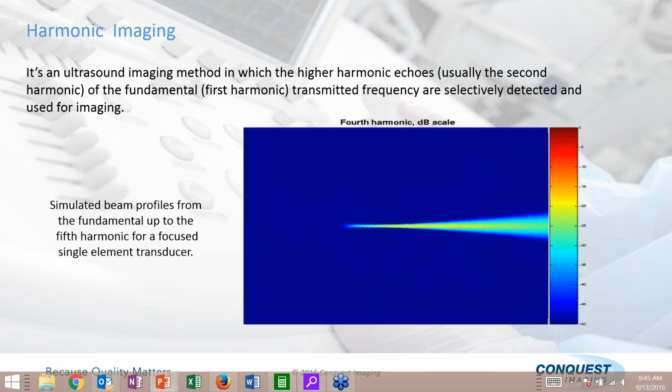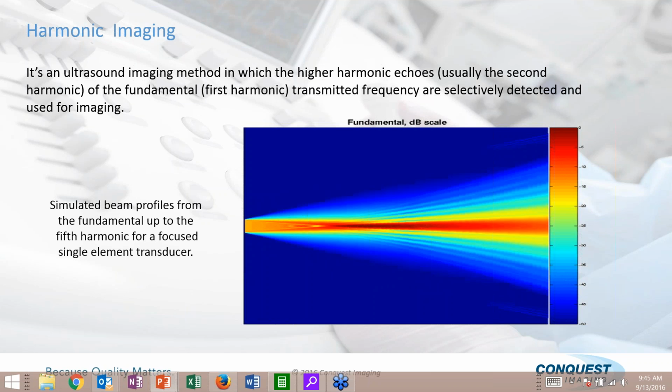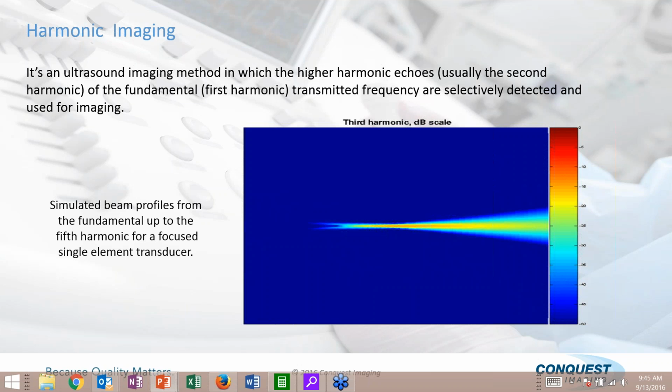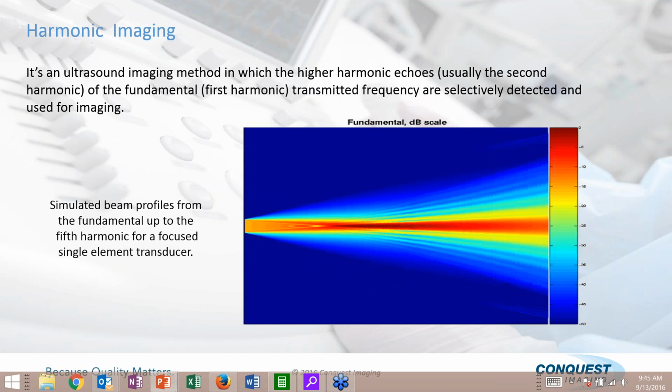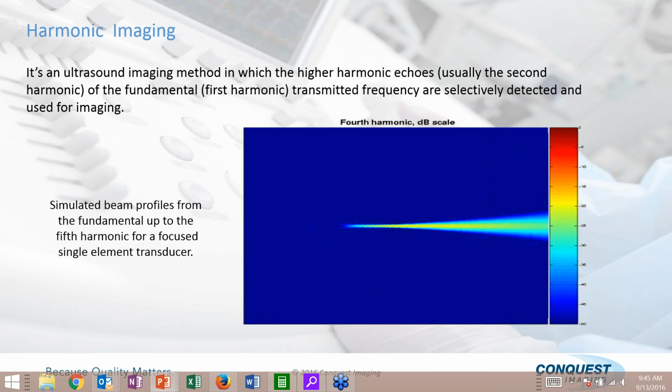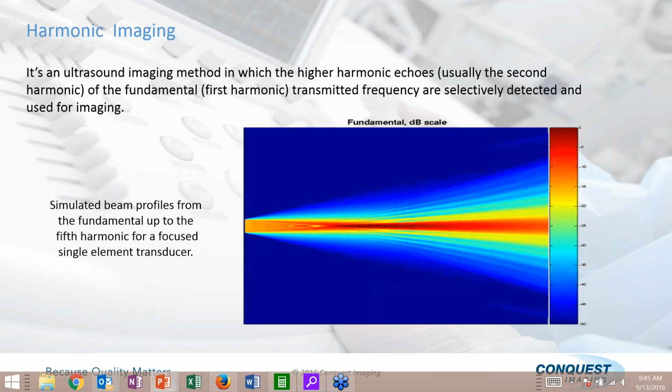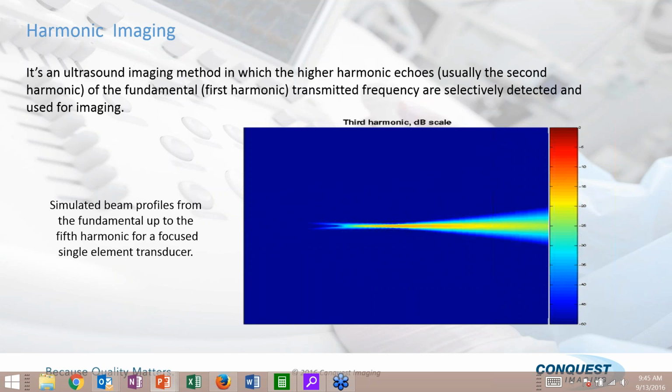So for example, if I have an ultrasound beam that is 4 megahertz, the harmonics of 4 megahertz would be 8 megahertz and 2 megahertz. It would also be 16 megahertz and 1 megahertz, 32 megahertz and 500 kilohertz, and so on. So it's always twice or half our primary frequency.